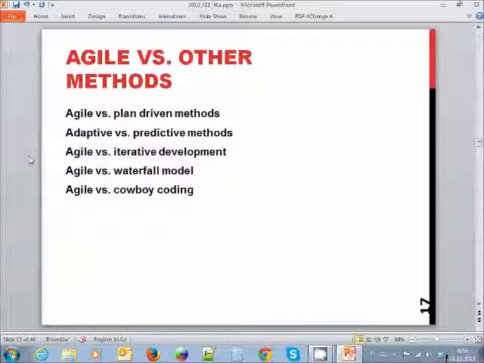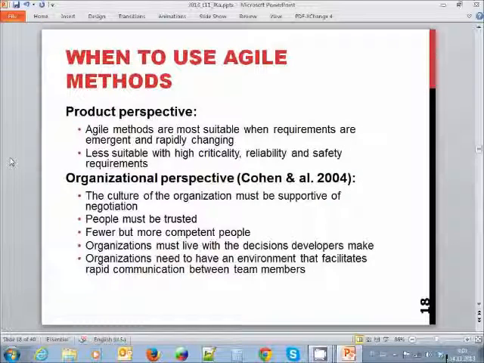So, the agile development, the agile methods, they are useful, yes, but there are some restrictions on when we can use them.